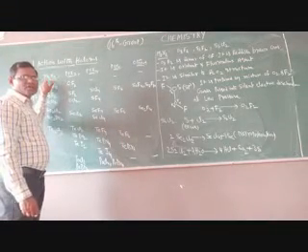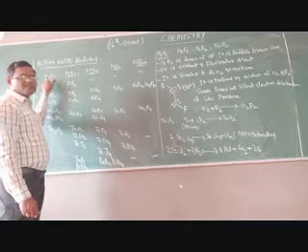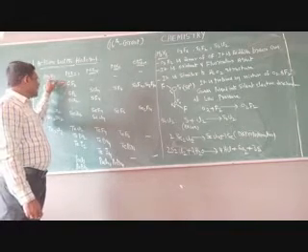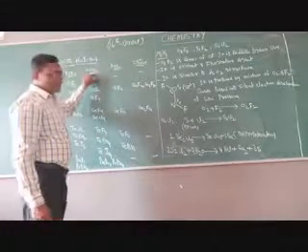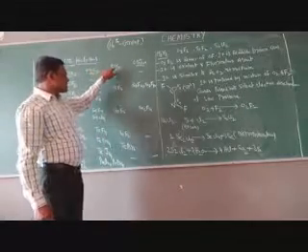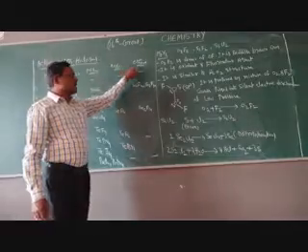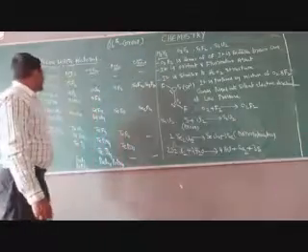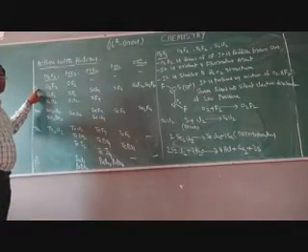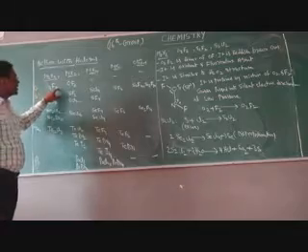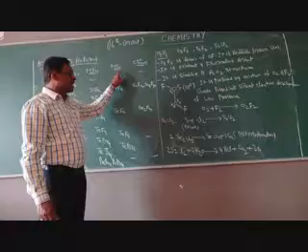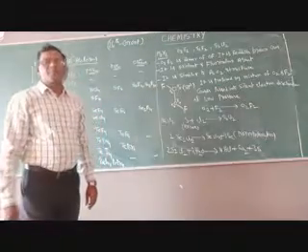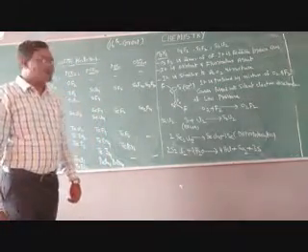That's the representation of M2X2. The monomer state is MX only. Dihalides are MX2, MX4 is tetrahalides, MX6 is hexahalides, and there are other halides. Here each element's examples are given. Oxygen forms only monohalides and dihalides. Tetrahalides and hexahalides do not exist. Why? Because of the absence of d orbitals.